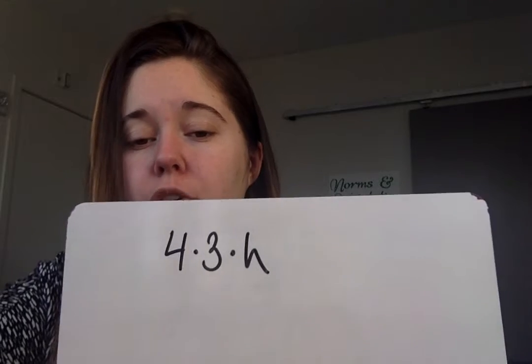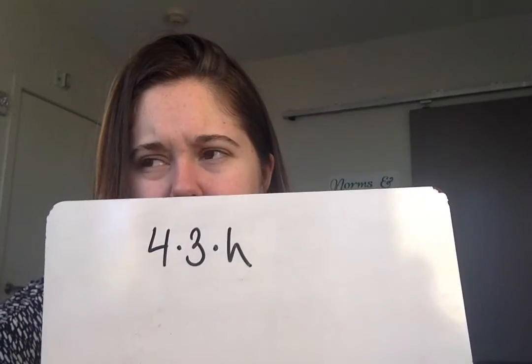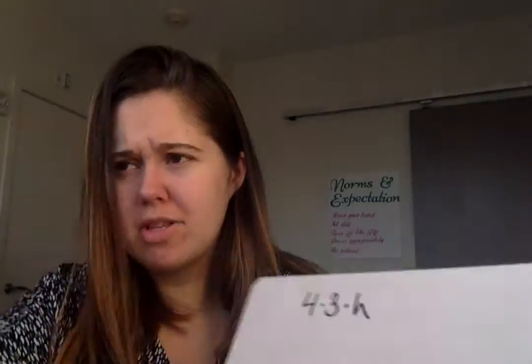So for B, it gives us a little bit longer of a problem: 4 times 3 times H. Because we've got 4 and 3, we want to shorten that as much as possible. Well, 4 times 3 I already know is 12, so let's just work with the 12.